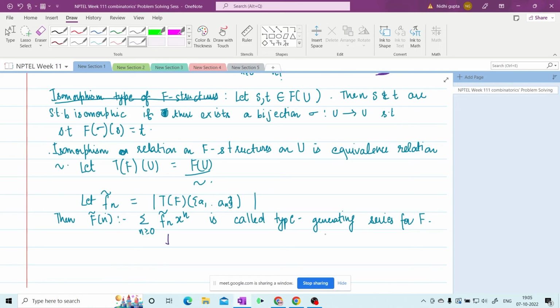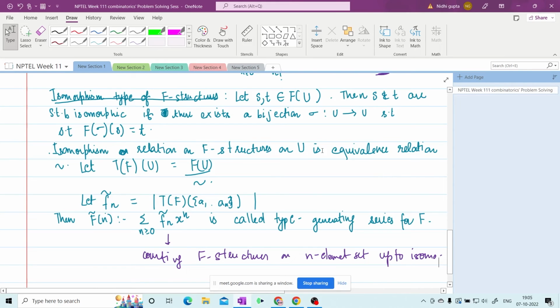So fn tilde is basically counting f structures on an n element set up to isomorphism.